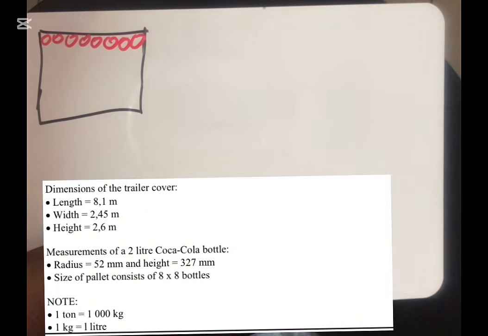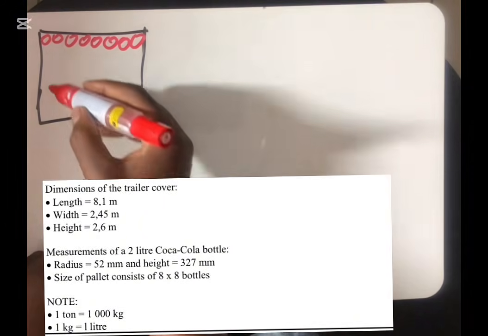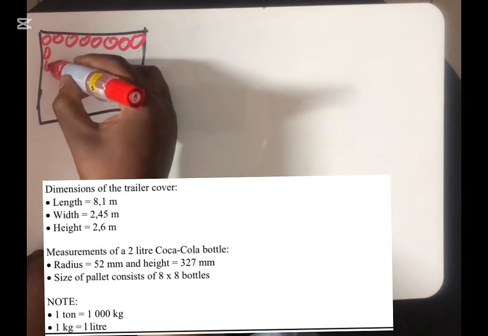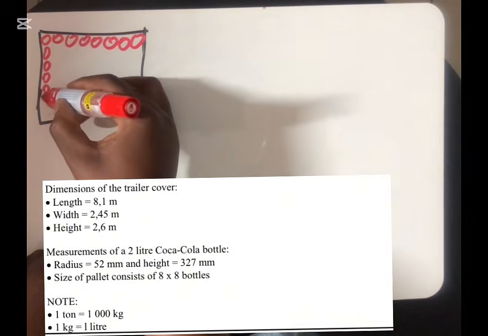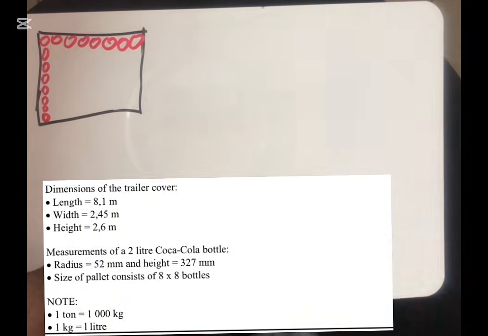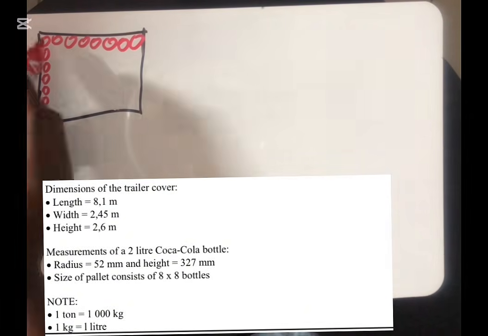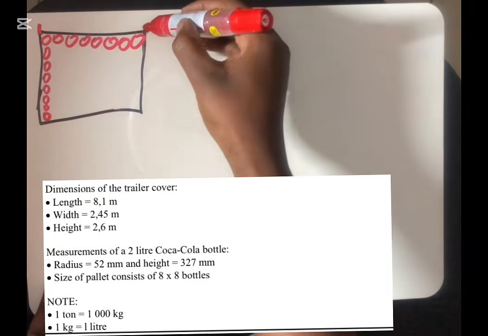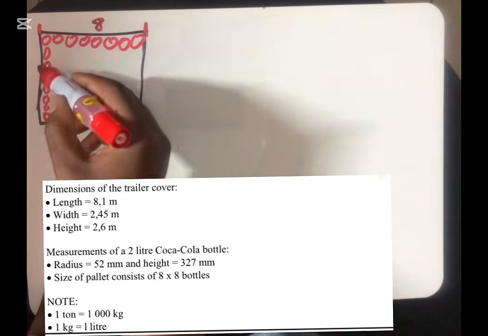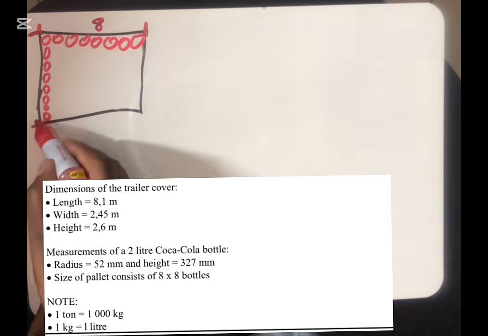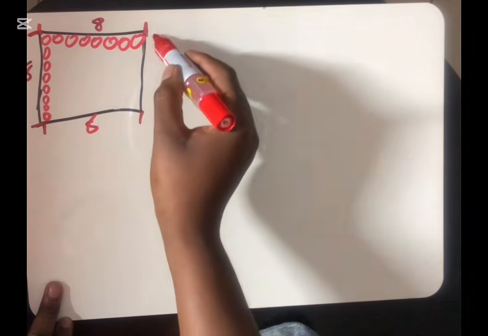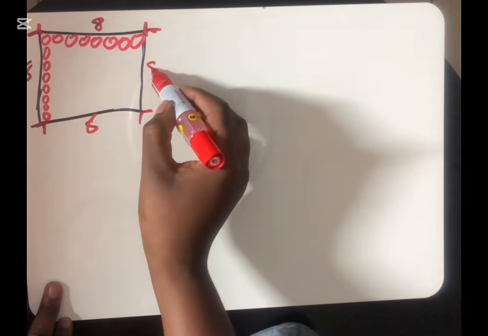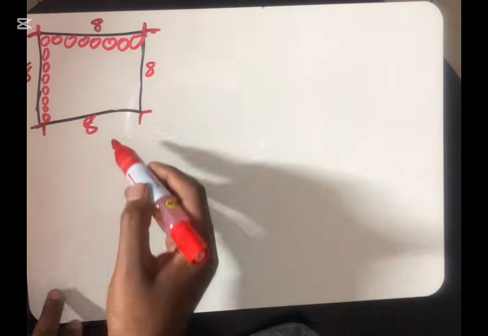We're gonna have 8 of them. Even this side, 1, 2, 3, 4, 5, 6, 7, 8. That is the arrangement. From this part to here, we're gonna have 8, and from there to there is also 8. That's why they said 8 by 8.